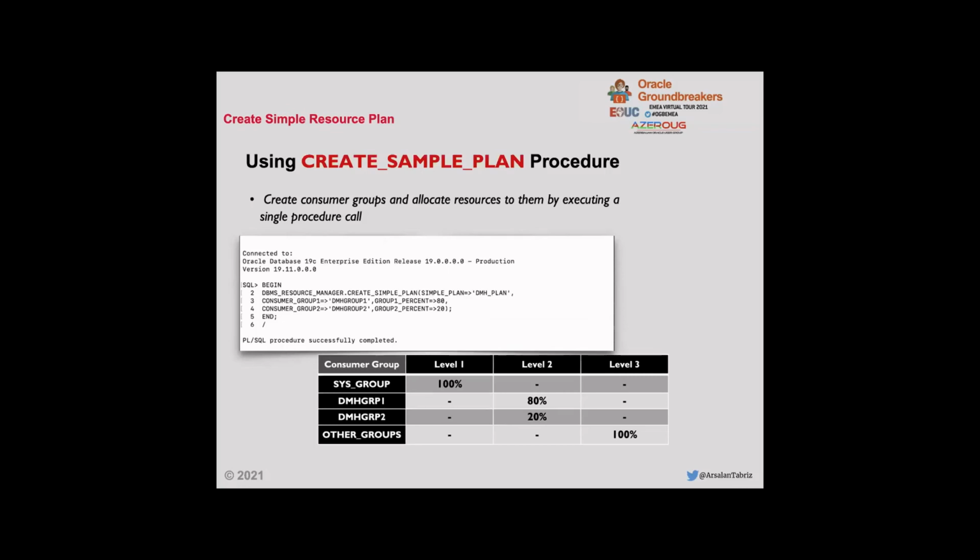The SYS_GROUP consumer group is allocated 100% of the CPU at level 1. OTHER_GROUPS is given 100% CPU at level 3.